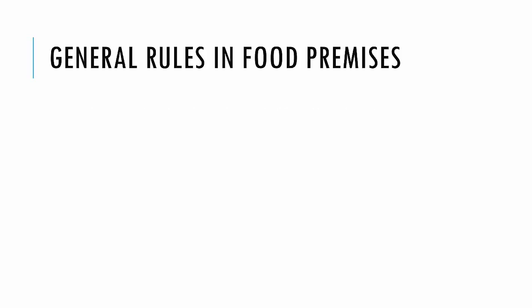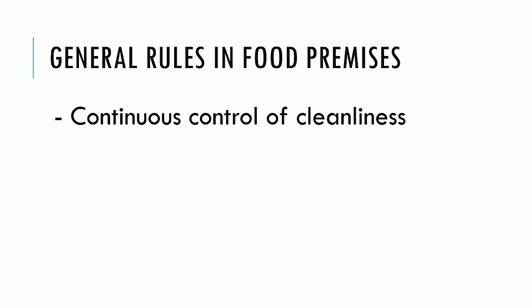Then to the general rules of working in food premises. I mentioned already easily washable surfaces. As a general rule, there's a continuous control of cleanliness in food premises. This means that it's a responsibility of everybody working in the food premise to also pay attention every day to cleanliness.